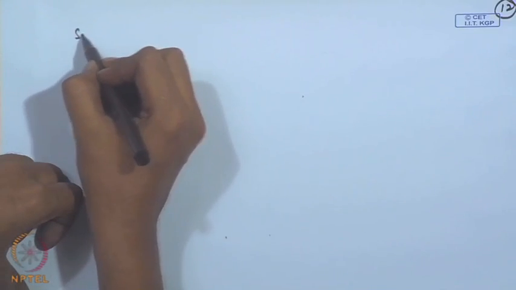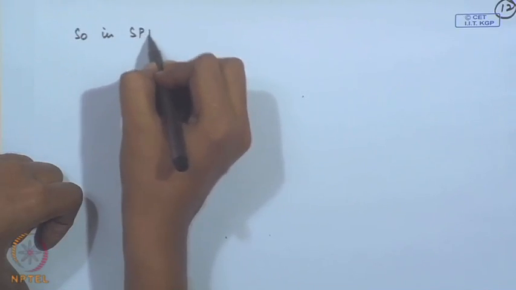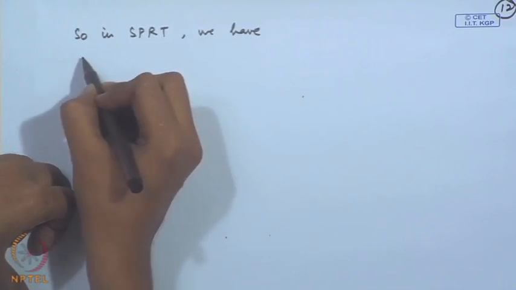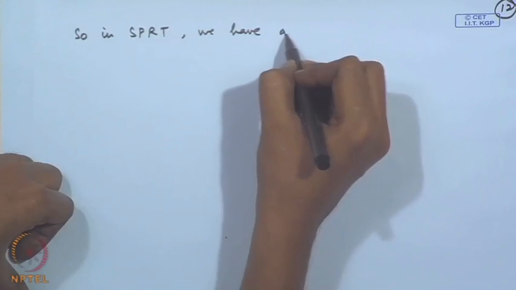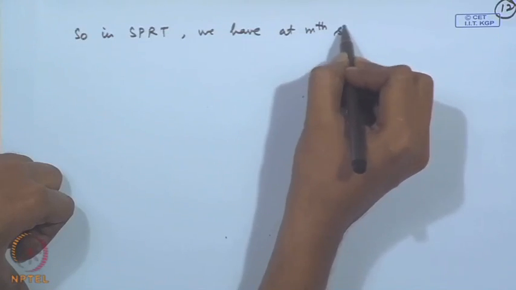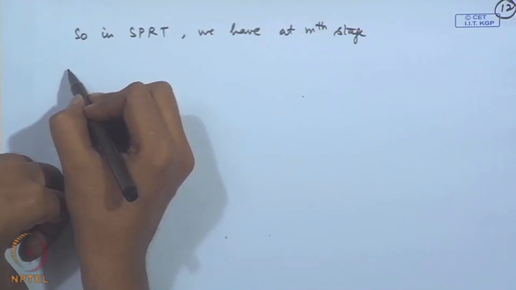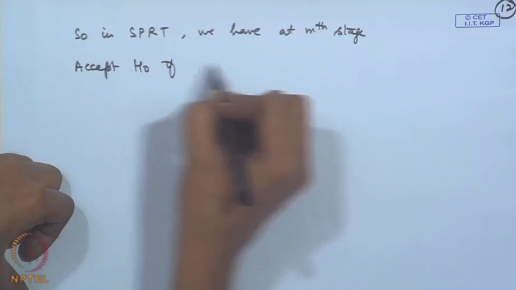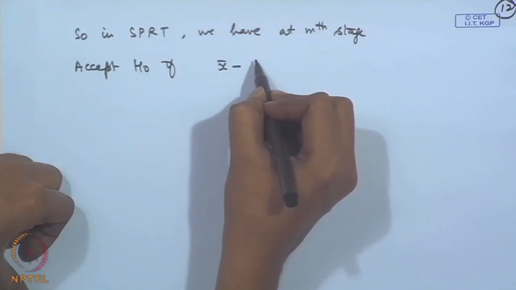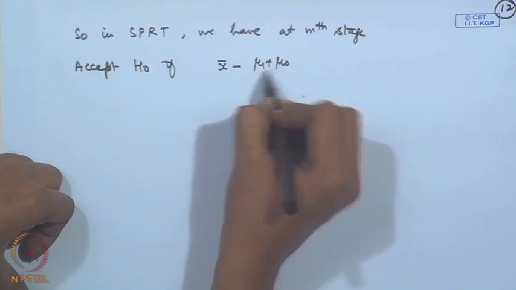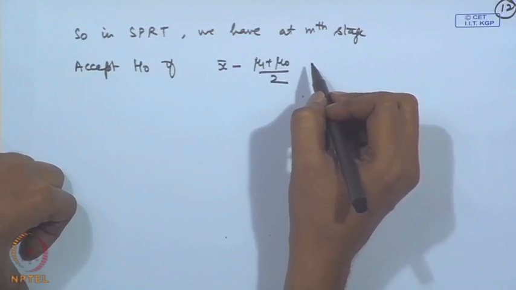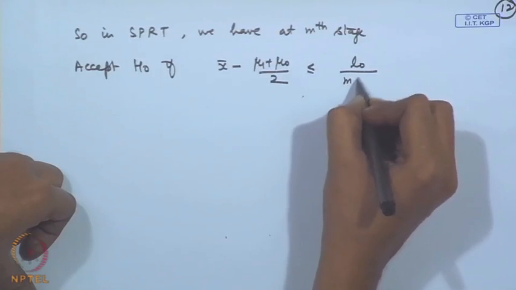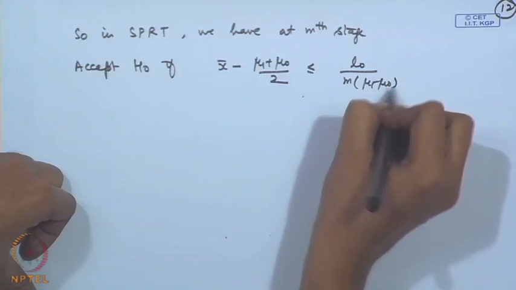So in SPRT, at mth stage, accept h naught if x bar minus (mu 1 plus mu naught) by 2 is less than or equal to L naught divided by m times (mu 1 minus mu naught).